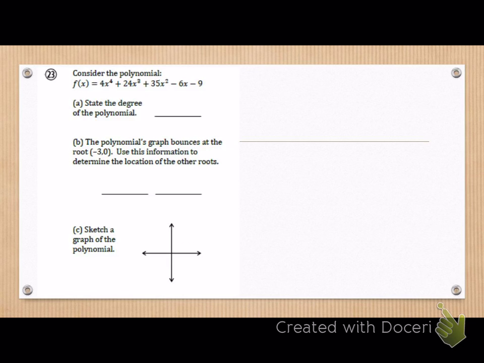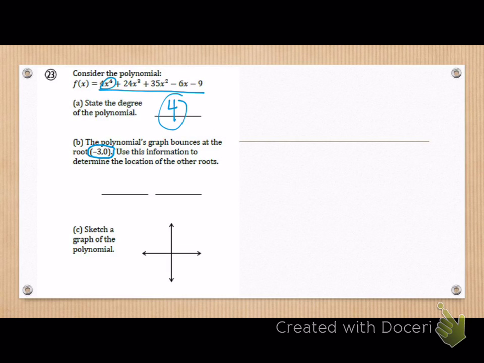So let's look at this information here. The degree of this polynomial, you're trying to describe how big the degree is, and this would be the highest power that's there. So we would call this a quartic, or a fourth degree polynomial. This one says that it bounces at this root.